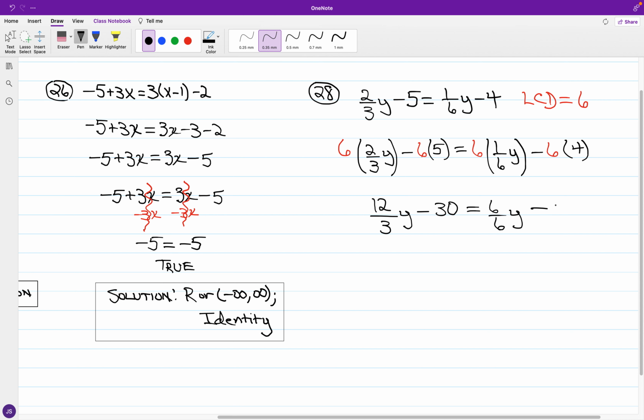And we have minus 6 times 4, which is negative 24. So 12 thirds is 4. So we have 4y minus 30 is equal to 6 times 1/6 of y, which is y, minus 24.